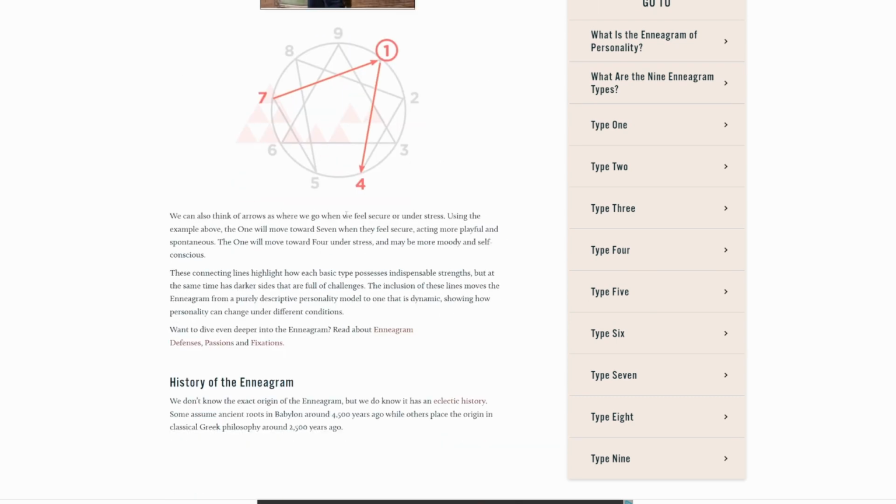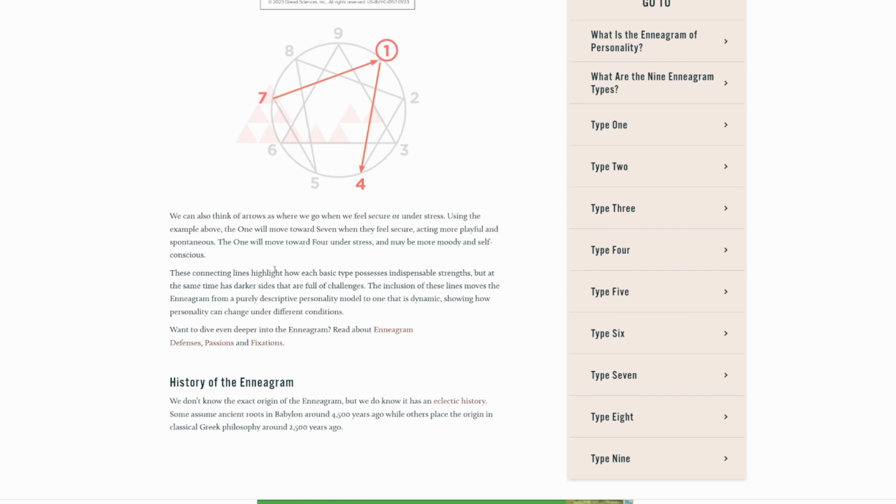You can also think of arrows as where we go when we feel secure or under stress. Using the example above, the 1 will move towards 7 when they feel secure, acting more playful and spontaneous. Oh man, okay. And then 1 will move toward 4 under stress. It may be moody and self-conscious.